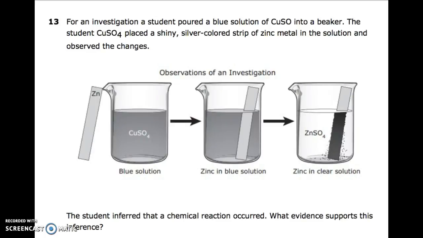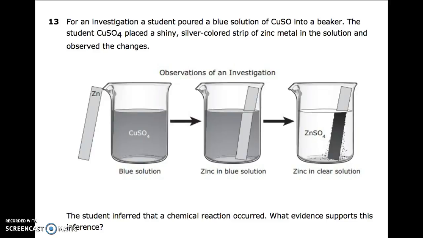Number 13, for an investigation, a student poured a blue solution of CuSO4 into a beaker. The student placed a shiny silver-colored strip of zinc metal in the solution and observed the changes.